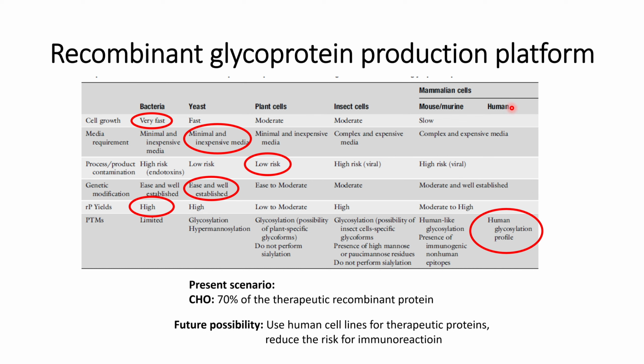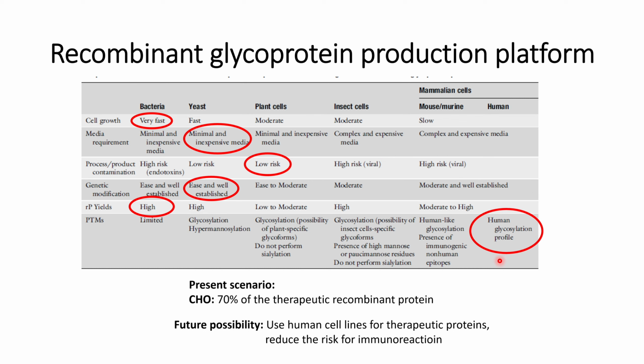The problem with human cell lines is that cell growth is very low and the media requirement is complex and extensive. One more thing is that the glycosylation profile is heterogeneous, whereas the therapeutic proteins we need should have a homogeneous glycosylation profile.